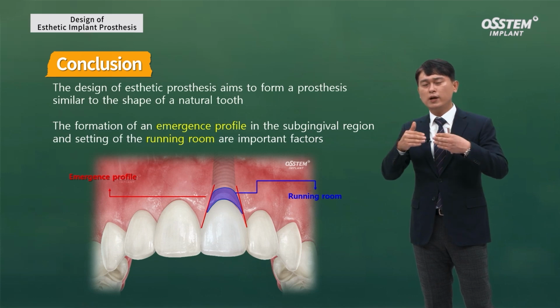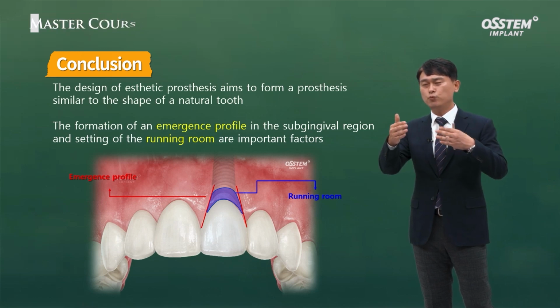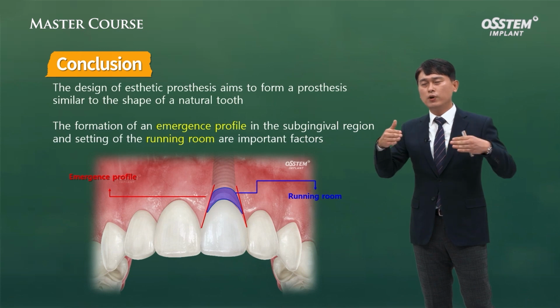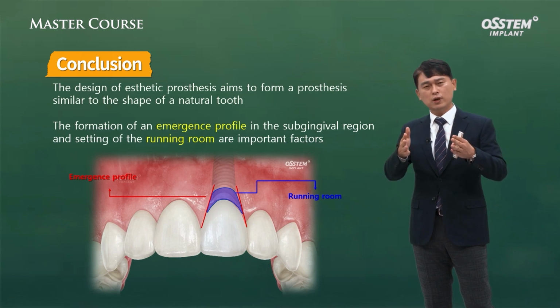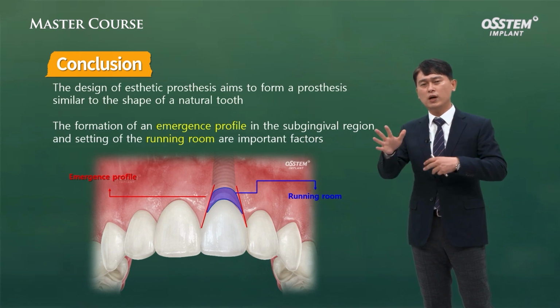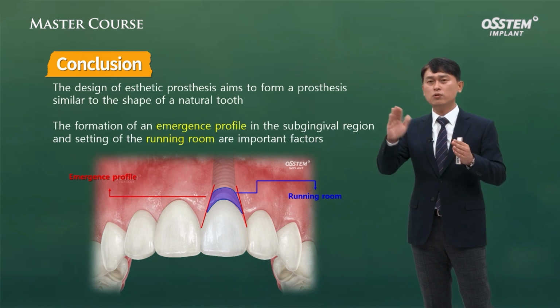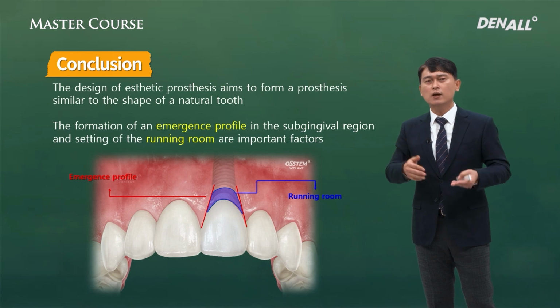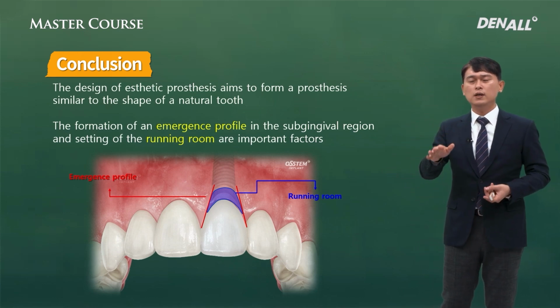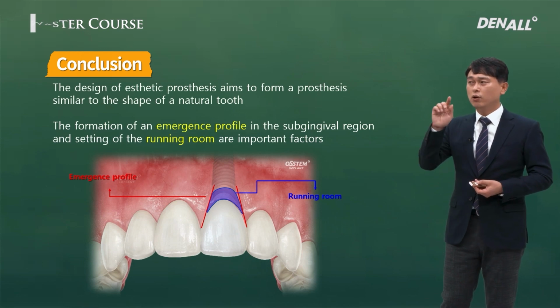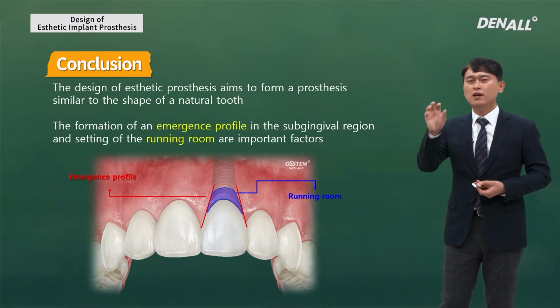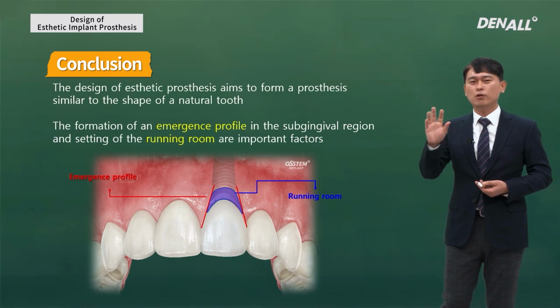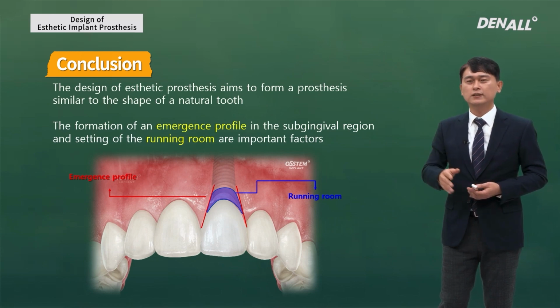The cuff area, the abutment in the gingiva, that area is running room, and that needs to be properly maintained, not too much compressed or not supported. After that, you need to think about emergence profile for a natural looking final prosthesis. Running room should be formed similar to that of natural teeth, and it can be done using a temporary.